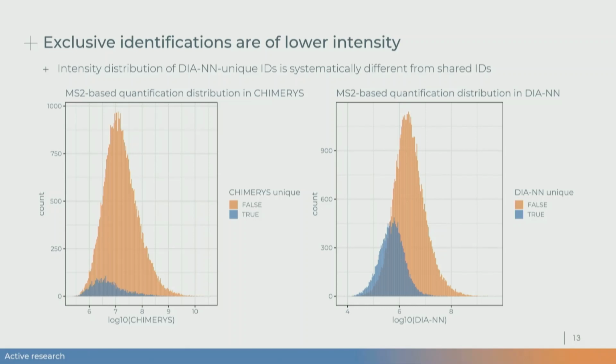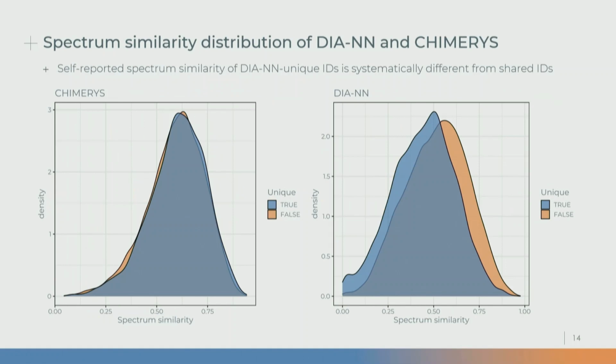We also dug a bit deeper into the scores that are reported by the two different approaches. And here on your left, you see the spectrum similarity distribution for Chimeras, and on your right, you see the spectrum similarity distribution as reported in the Diane output file.